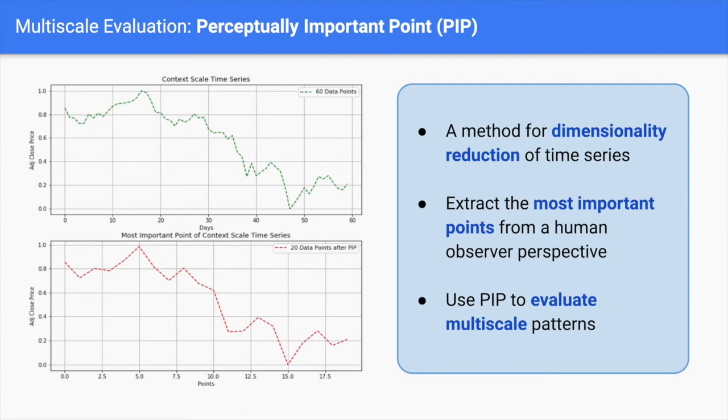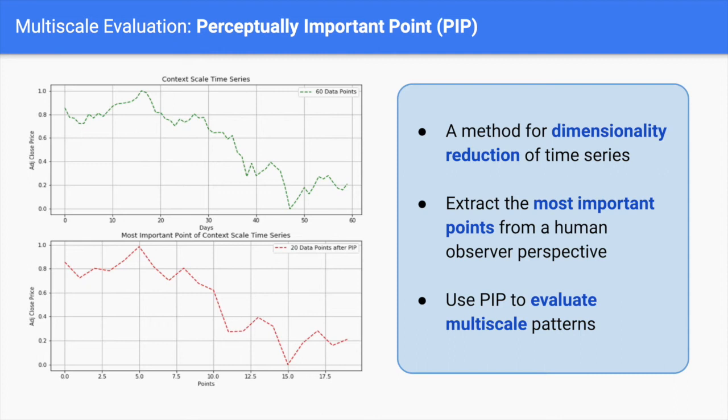So we need a tool to help us capture the long-term trend and short-term patterns of a time series. We use PIP as a method for dimensionality reduction, and it will extract the most important points from a human observer perspective. Here you can see the green line is a time series with 60 data points, and the red line is the representation of that time series with only 20 data points.